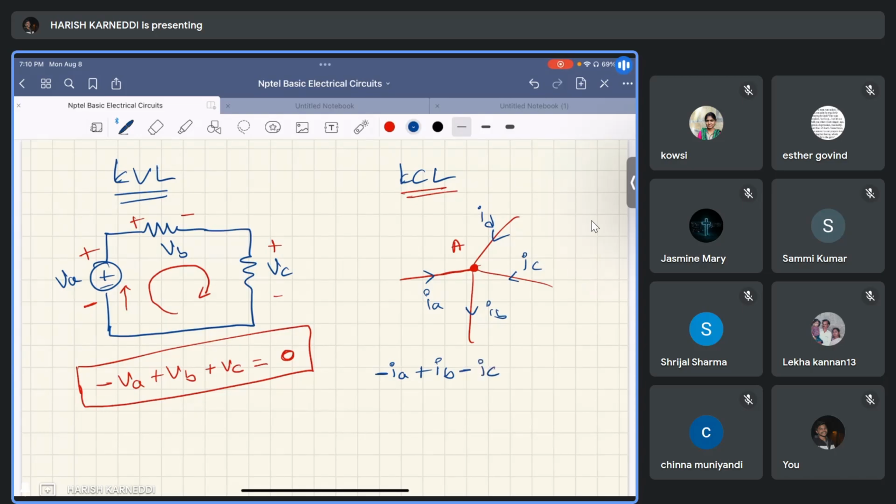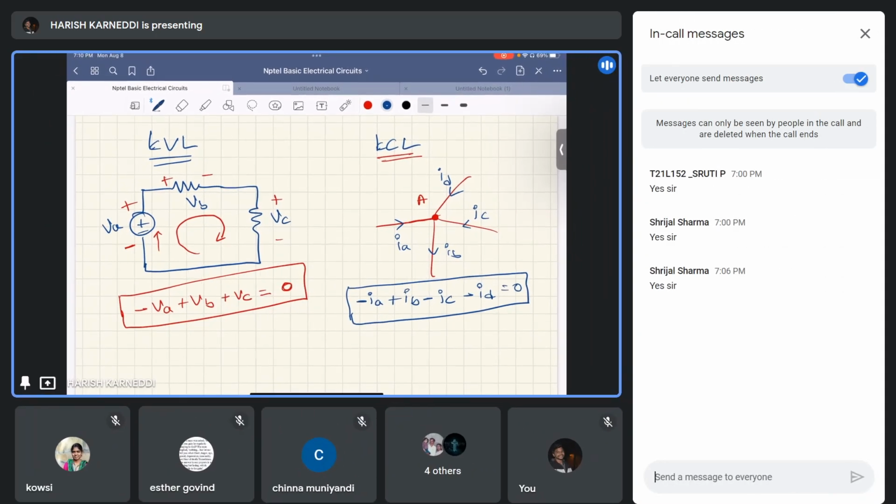Then ID is entering towards the node, so minus ID equal to 0. That is, the algebraic sum of the currents at any node is equal to 0. That is KCL. I hope these definitions of KVL and KCL are clear.